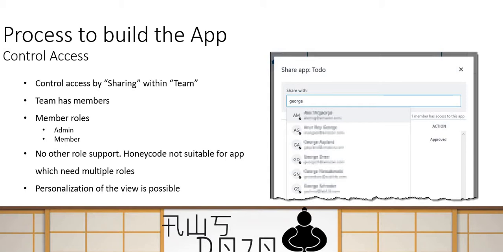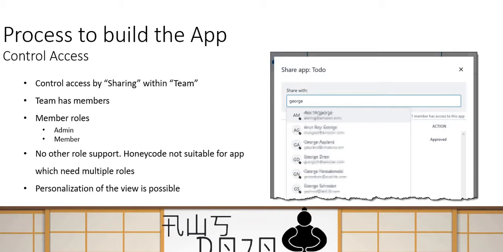So generally your end user should have member access. And if I am sharing it as an admin, that means that person can also modify the application. Generally the developer team, the people who are developing the app, should have admin access, and the people who are using the app should have member access.